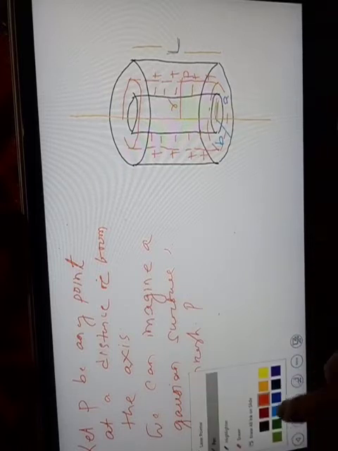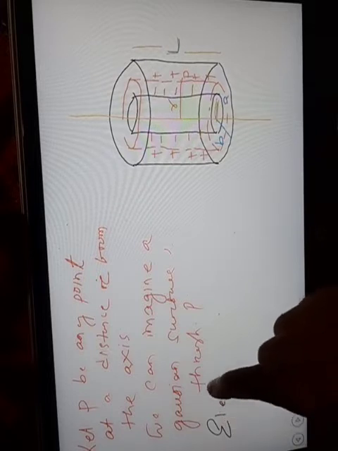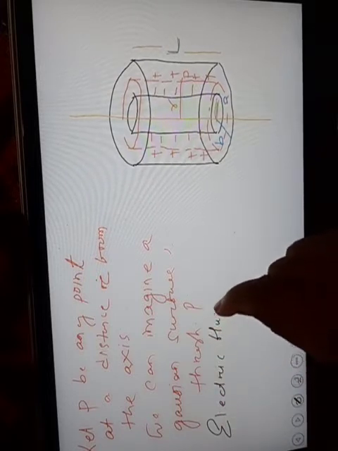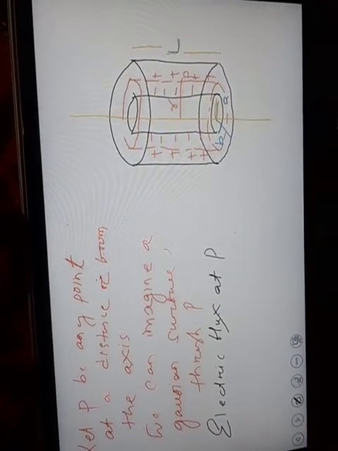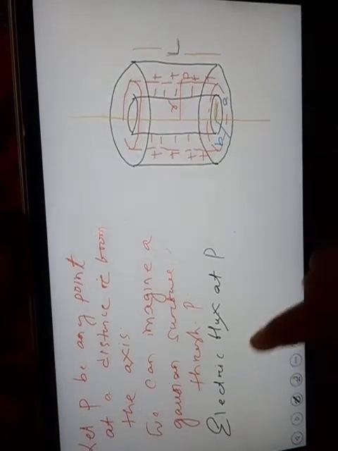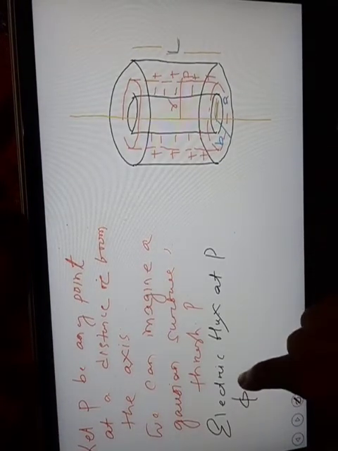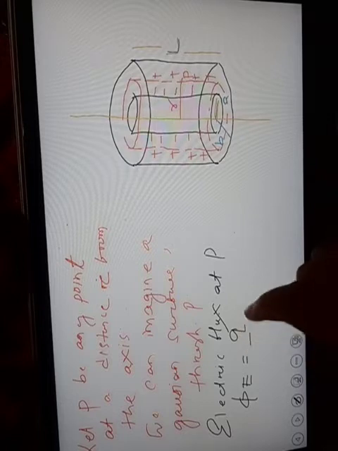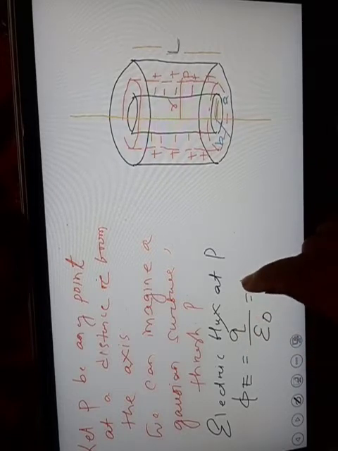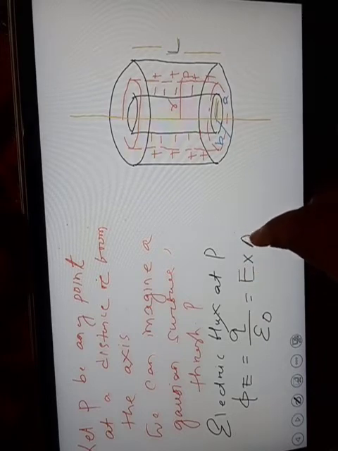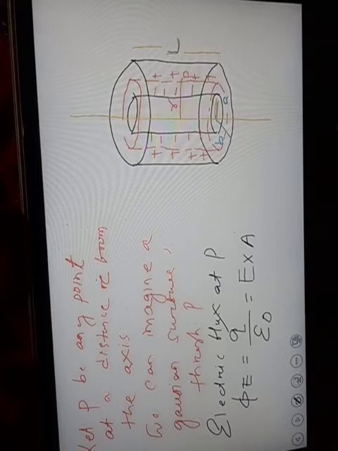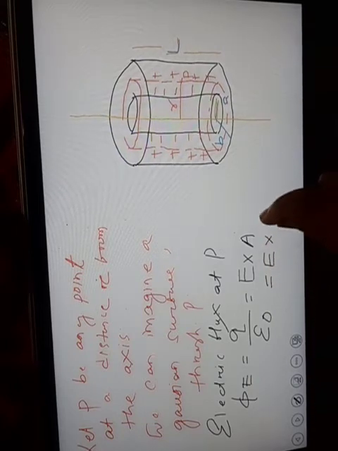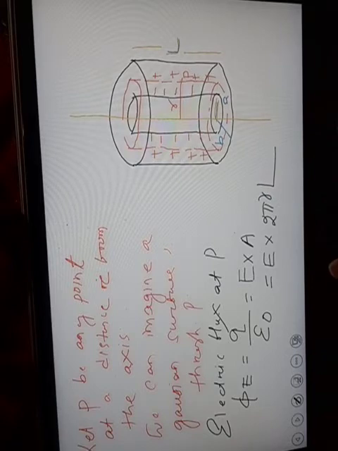Let us find the electric flux at the point P. The electric flux is phi equals Q divided by epsilon 0, which is also the product of the electric field and the area, E times 2 pi r L. Let P be any point at a distance r from the axis.